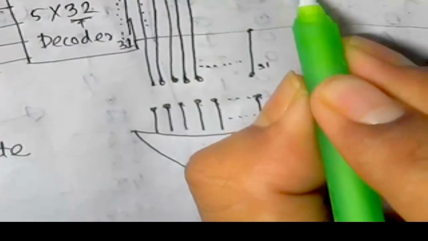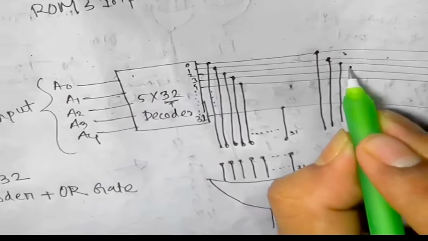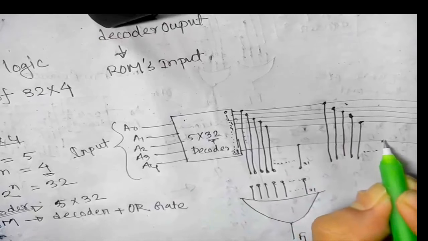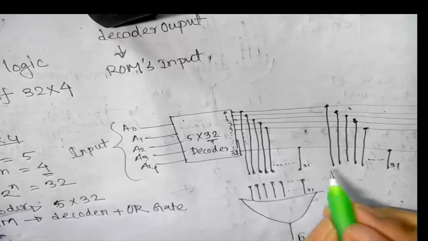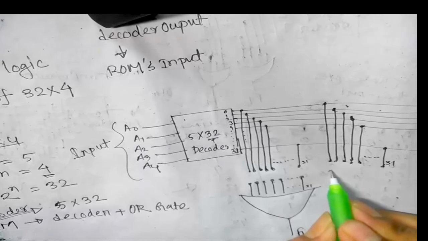So next F2, let's say that is 31 also. That is the terminal.